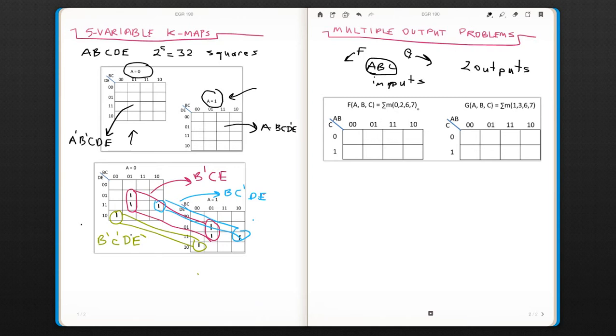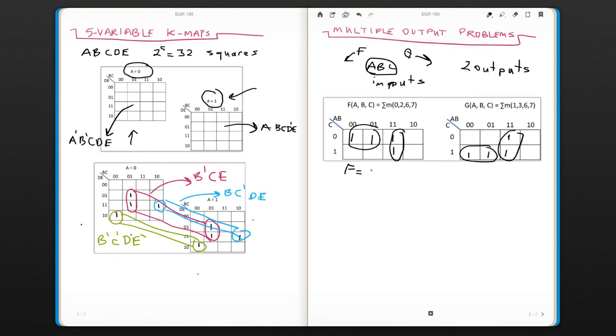So 0, 2, 6, 7, I'll put these 0, 2, 6, and 7, and here 1, 3, 6, and 7. So now these are relatively easy K-maps for us. We can take these two and these two, and we'll write the function.